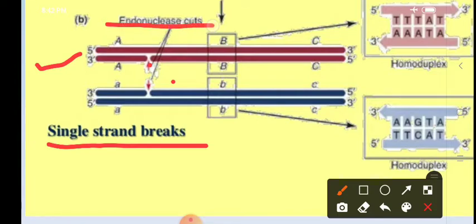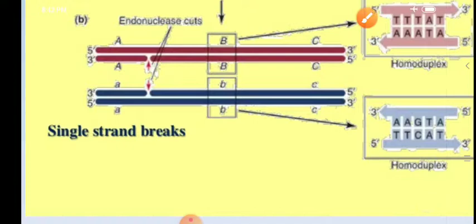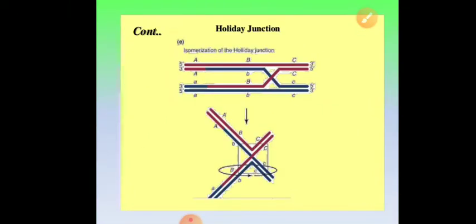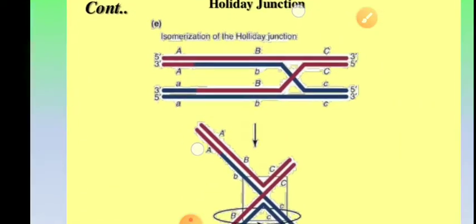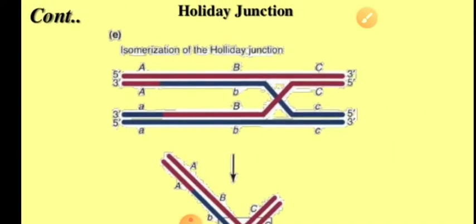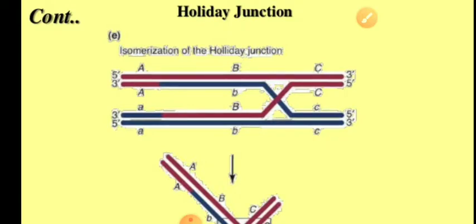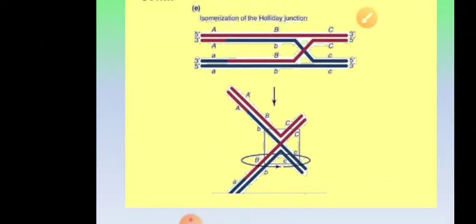So the endonuclease enzyme cuts only one of the two strands in each duplex, and both of them are homoduplexes, as shown here.